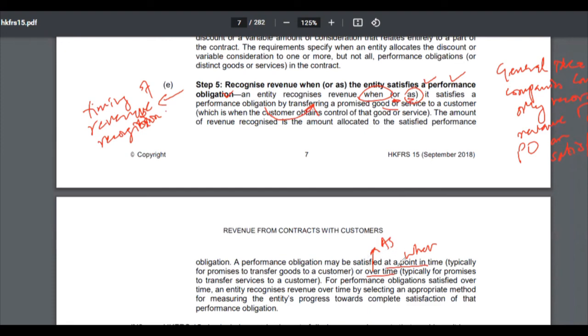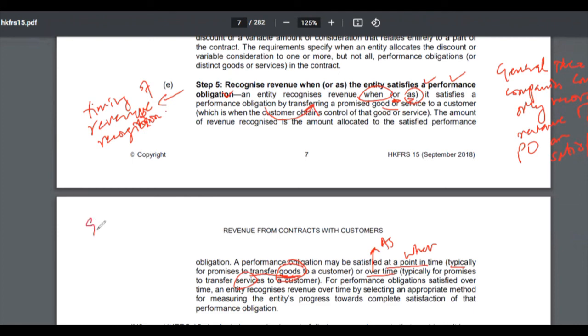Typically, when companies are transferring goods, it's at a point in time. If it's a service, typically speaking, it's over time.